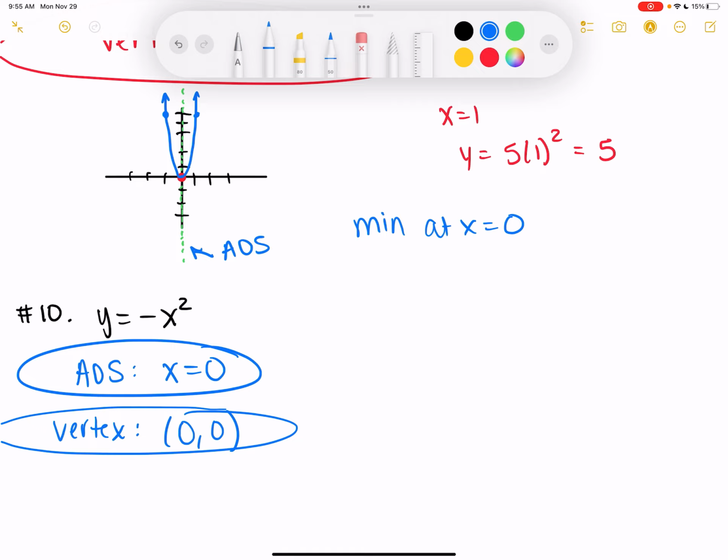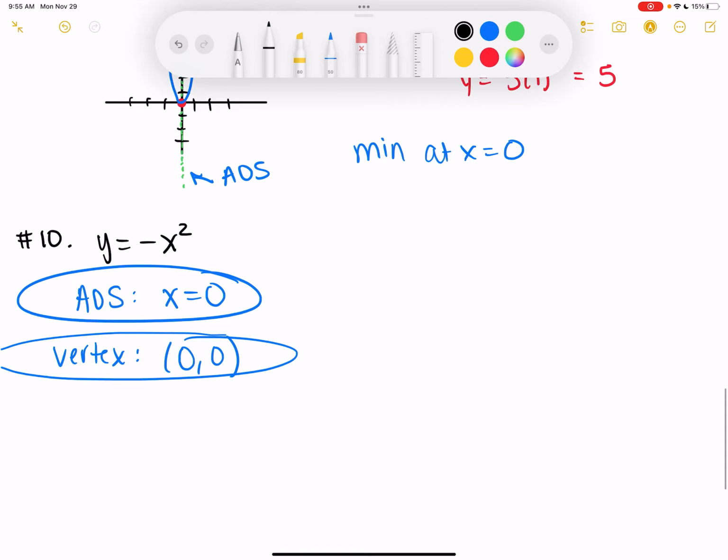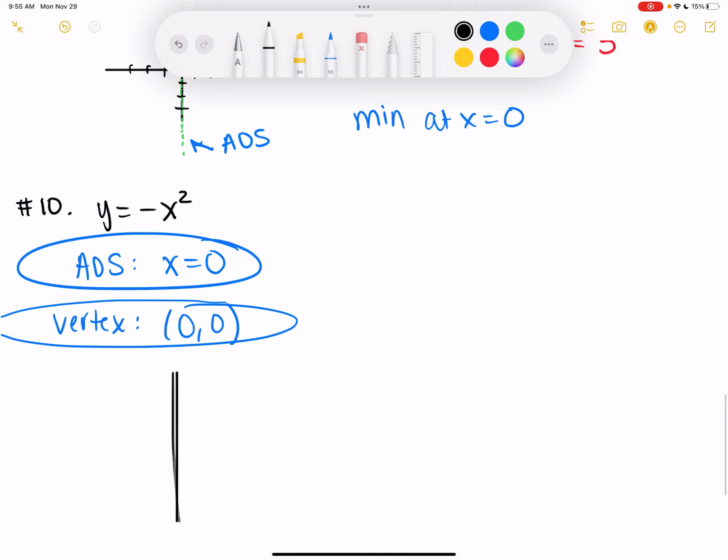So then I'm going to go ahead and set up my graph. And what do you notice about this problem? It's negative. So what does that mean is going to happen? It's opening down. Yep, it's going to open down.